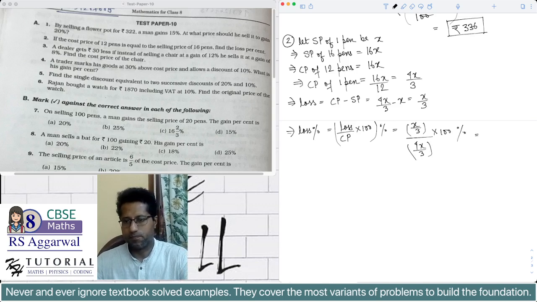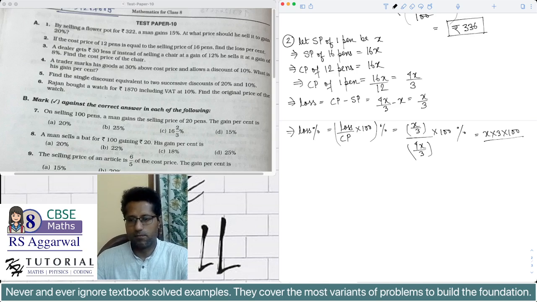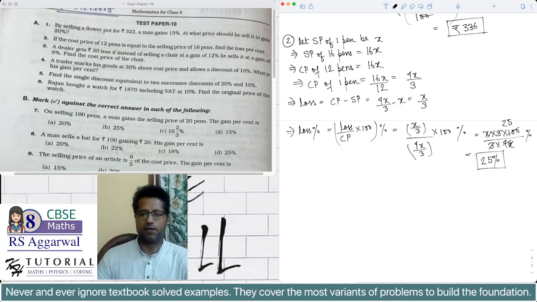This is equal to x multiplied by 3 multiplied by 100 divided by 3 multiplied by 4x percent. After simplification, we get 3 cancels out, x cancels out, and 4 divides 100 with 25. So the loss percent is 25%.